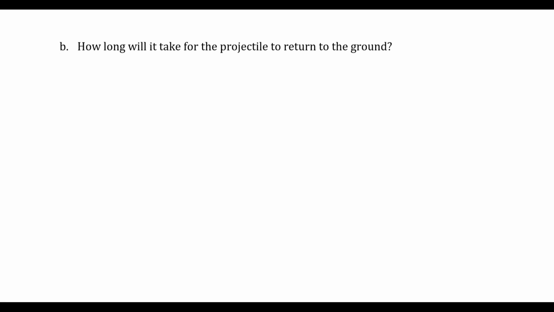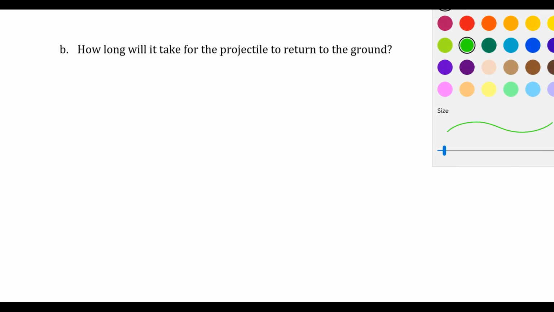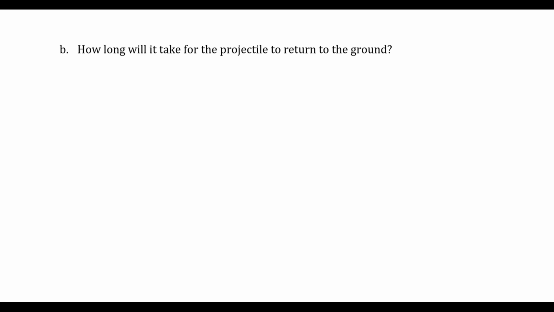Continuing with the same problem, so I'm going to rewrite the equation that we were given, which is s is equal to a negative 4.9 t squared plus 73.5 t. How long will it take for the projectile to return to the ground? So let's draw my picture again.